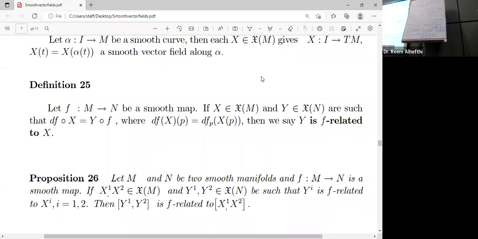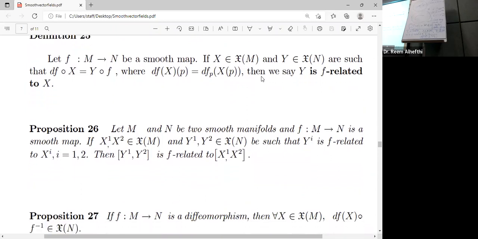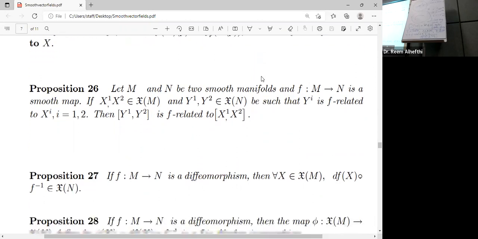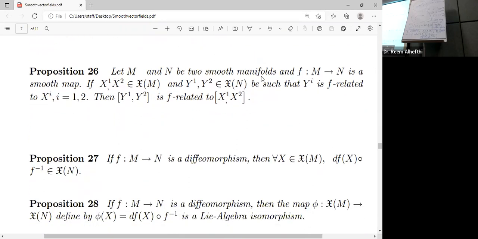And this F related thing respects the Lie bracket. That is, if you have a smooth map from manifold M to N, and you have two vector fields on M and two vector fields on N, such that Y1 is F related to X1 and Y2 is F related to X2, then the Lie bracket of Y1, Y2 is F related to the Lie bracket of X1, X2. This notion we will require in future.